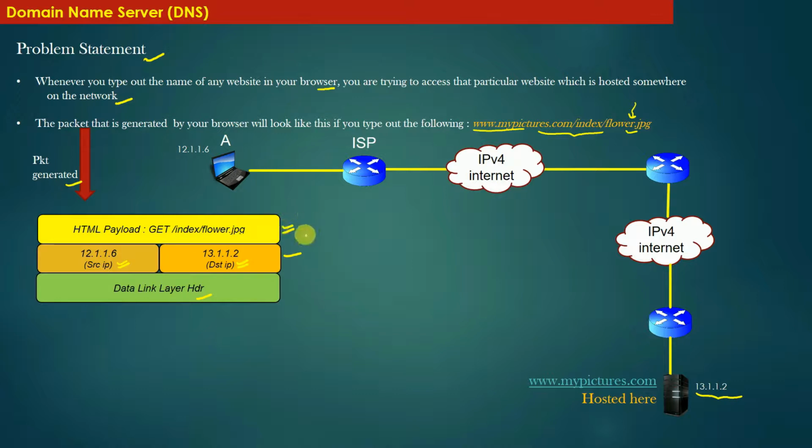So this is the packet that will be generated by machine A. And this packet will be generated as soon as you type out this URL in your browser and press the enter key. Now two major questions arise here.